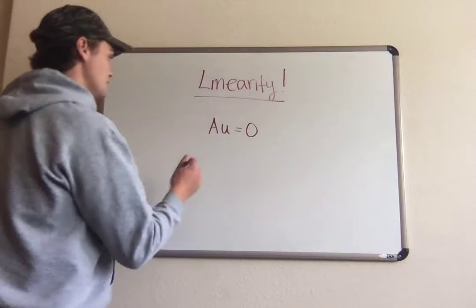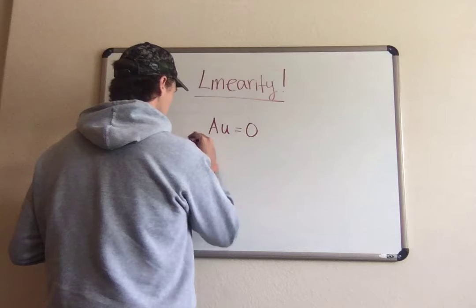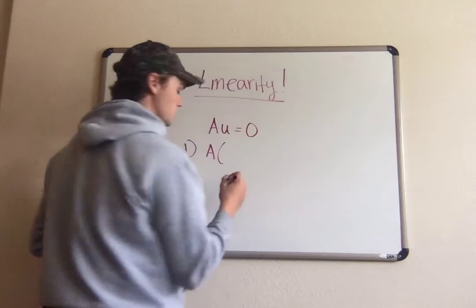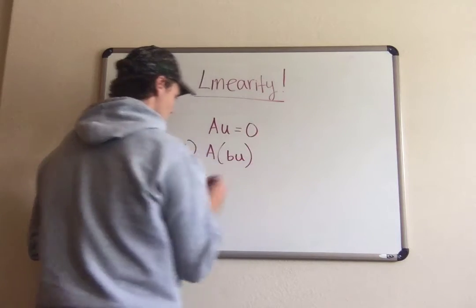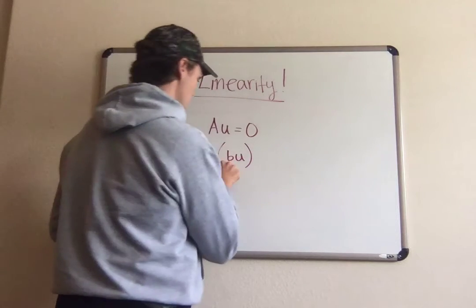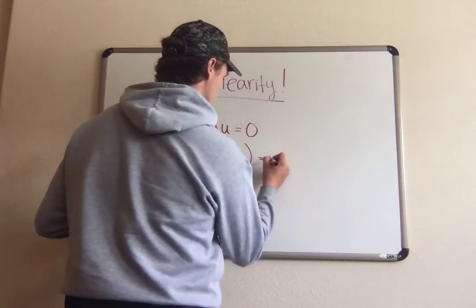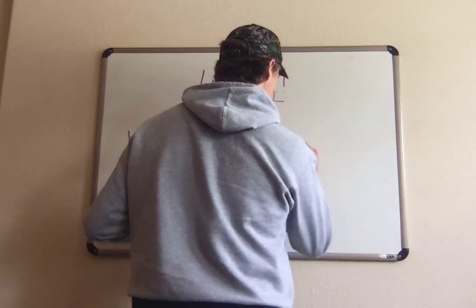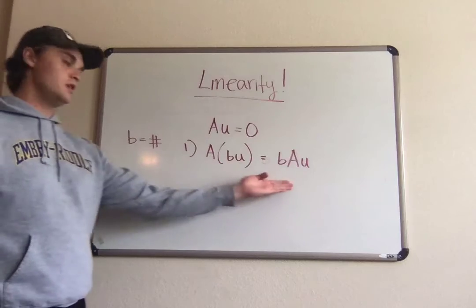So I could show you on that example, but those properties for A: the first one is that A acting on B times u, where B is a constant, just a scalar multiple, and u is still my unknown, equals B times A acting on u.